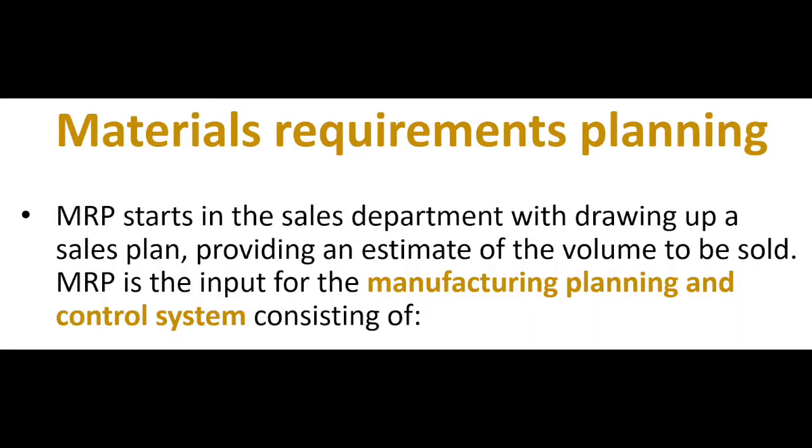It takes the planning target and explodes it based on the bill of materials. So if I want to get 100 finished products, knowing that each finished product is made of certain components, certain materials, I take the bill of materials and I multiply all the requirements by 100 if I want to reach a production target of 100.